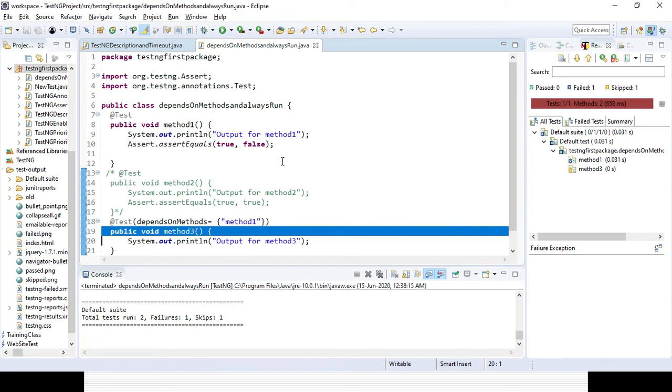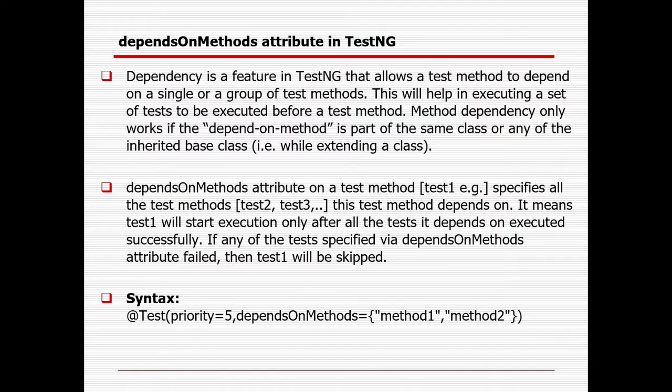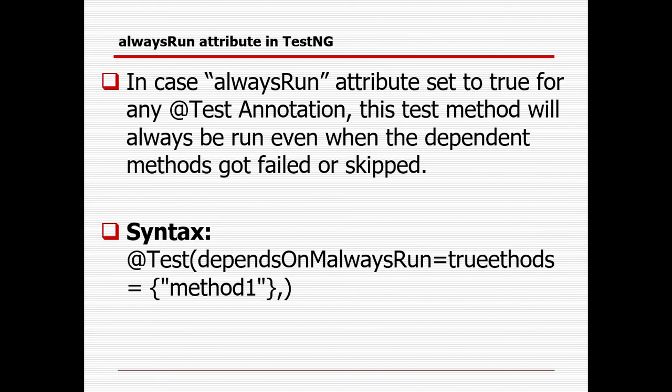You can see. So to handle this, there is another attribute that comes into the picture, which is alwaysRun. In case the alwaysRun attribute is set to true for any test annotation, this test method will always run even when the dependent methods failed or were skipped. That is the syntax.